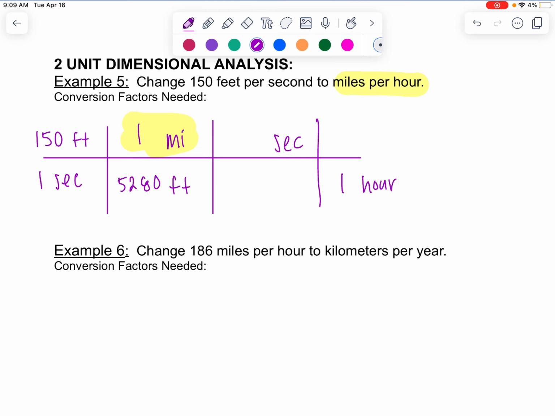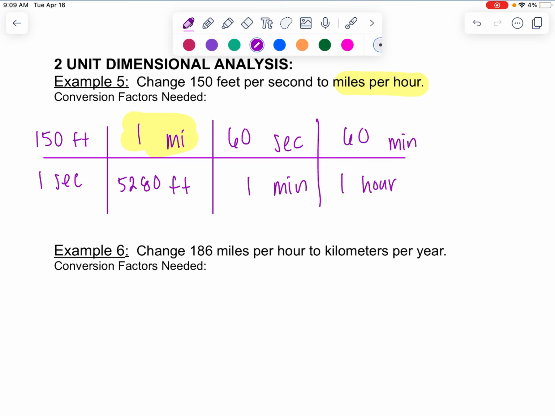I want to get rid of my seconds over here, so let's put in our minutes. Let's say we have 1 minute. Hopefully you know how many seconds are in 1 minute: that gives me 60 seconds. And then we're looking at our last conversion rate. How many minutes are in 1 hour?